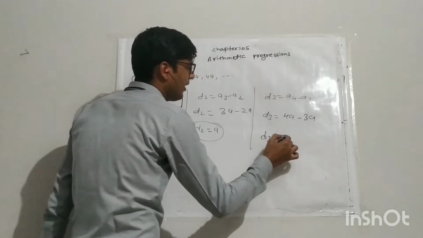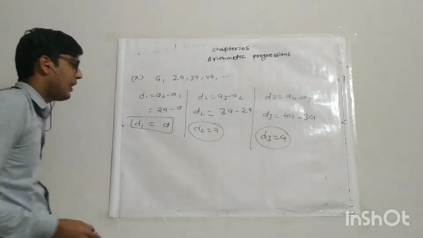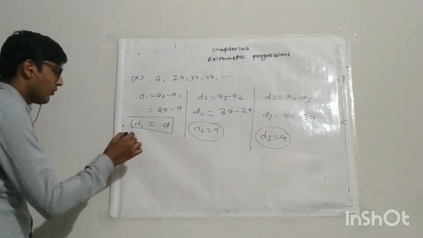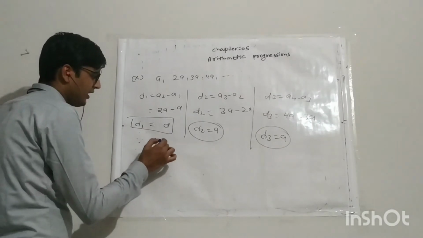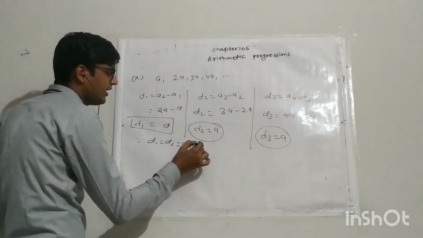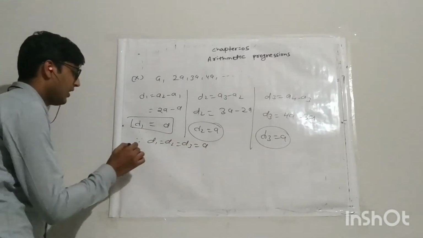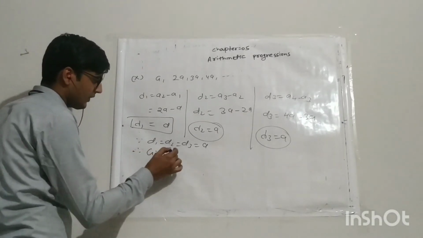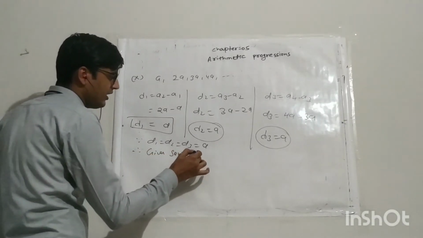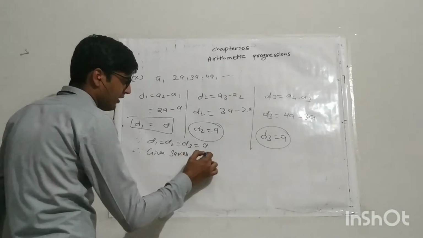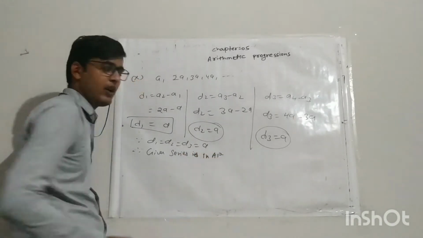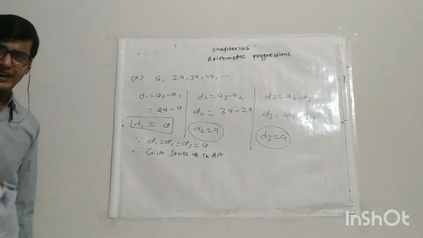So it simply becomes A. Here all values of common difference are the same. So we write, since D1 equals D2 equals D3 equals A, the given series is in AP.